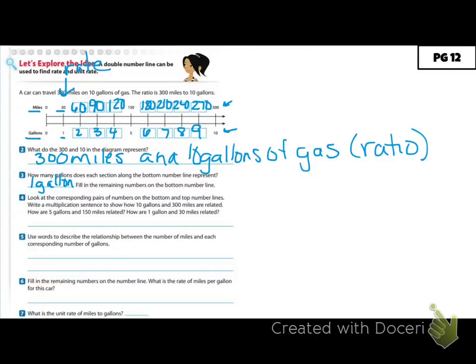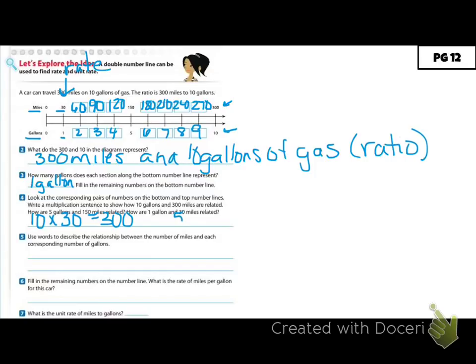Number 4, look at the corresponding pairs of numbers on the bottom and top number lines. Write a multiplication sentence to show how 10 gallons and 300 miles are related. How are 5 gallons and 150 miles related? How are 1 gallon and 30 miles related? Well, if we have 10 gallons, we're multiplying it by 30 to get our 300.